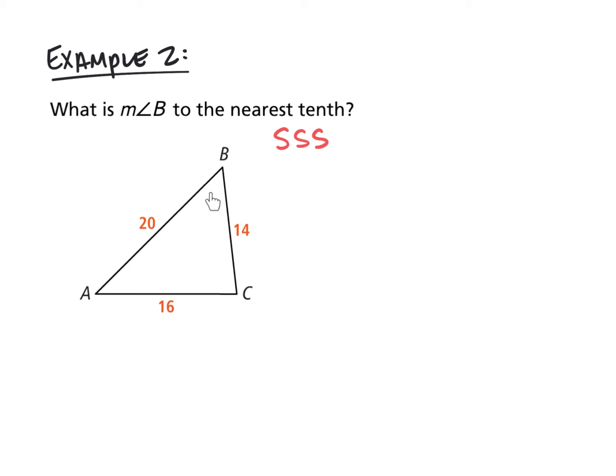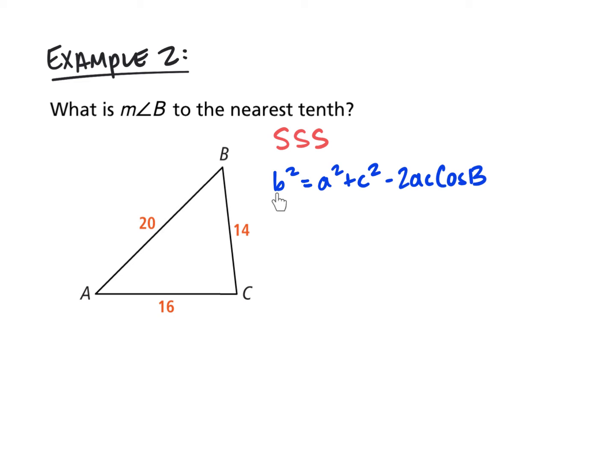Okay? So with this triangle already being labeled as A, B, and C, it might be easier to rewrite the version of the law of cosines that involves angle B in it. And so the version of the law of cosines that has angle B in it says that b squared equals a squared plus c squared minus 2ac times the cosine of angle B. So you can see I use this version, since I'm looking for the version that has angle B in it, because that's what I'm supposed to find.